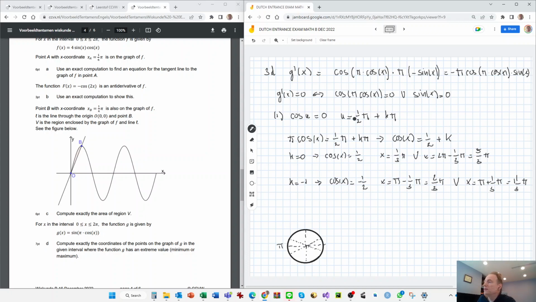So that's for the first, and for the second, the sine of x is 0. Well, when does that happen?